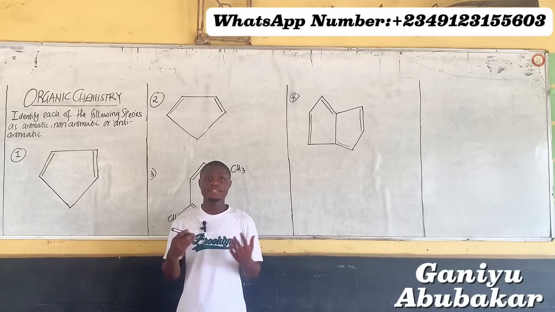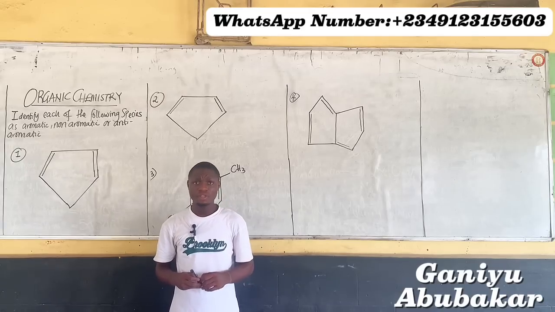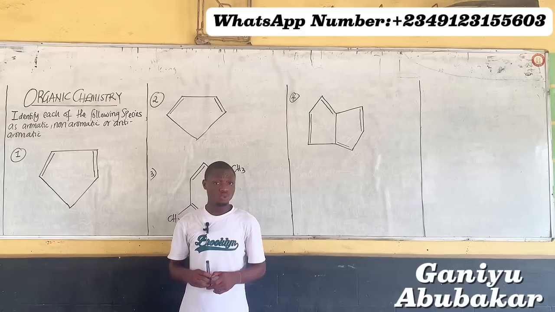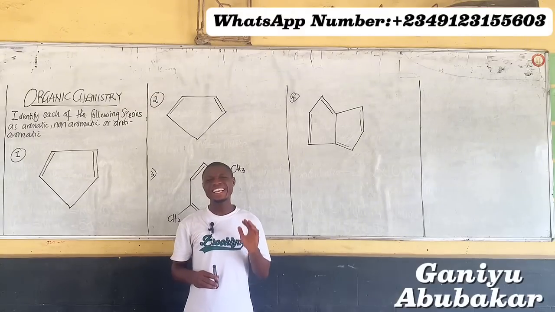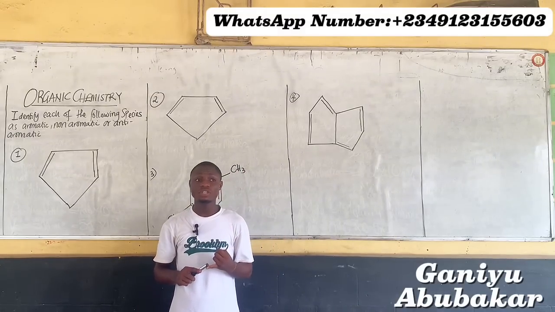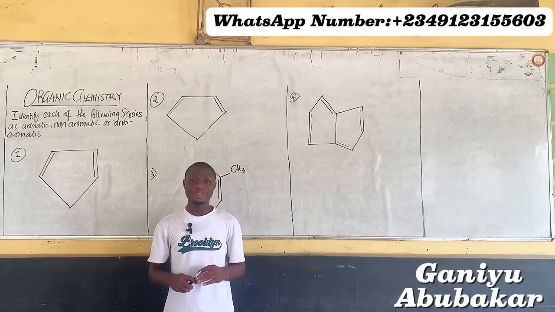Let's solve several past questions in the study of aromaticity. Last class we dealt with the introduction to aromaticity, and we said there are three classes: the aromatic compound, the non-aromatic compound, and the anti-aromatic compound.